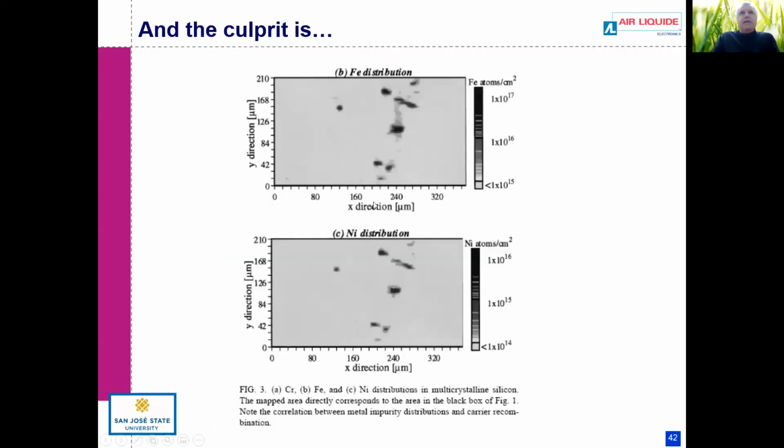And in this case, it's actually this black box that was then analyzed, and you can see that if you look at the iron distribution and the nickel distribution, they look very, very similar. You know, the iron has some stuff here, whereas the nickel doesn't. But otherwise, the nickel is the little brother of the iron here.